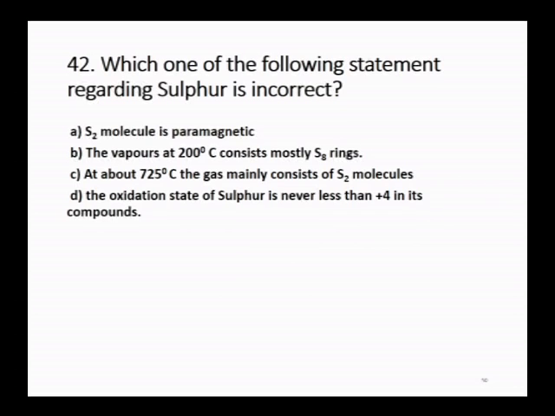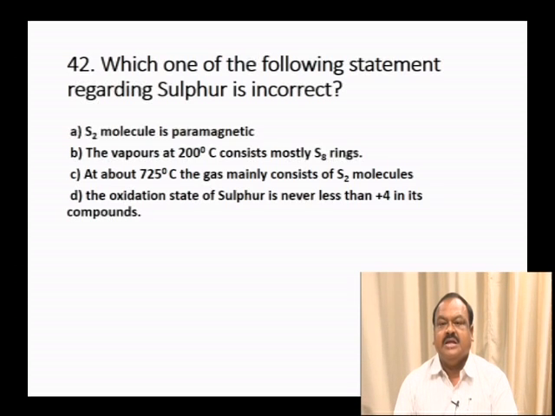Next question. Which of the following statements regarding sulphur is incorrect? Sulphur molecule is paramagnetic. True. The vapors at 200 degrees consist of mostly S8 rings. It is also correct. At about 725 degrees centigrade, the gas mainly consists of S2 molecules. Correct.